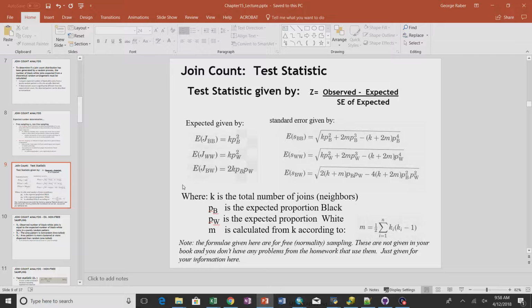And in the free sampling technique, you do need to have that expected proportion of black and the expected proportion of white. That's not necessary for the non-free sampling technique. But if you're doing the free sampling technique, you feed it the expected proportion for black, the expected proportion for white. You could call them category 1, category 2.